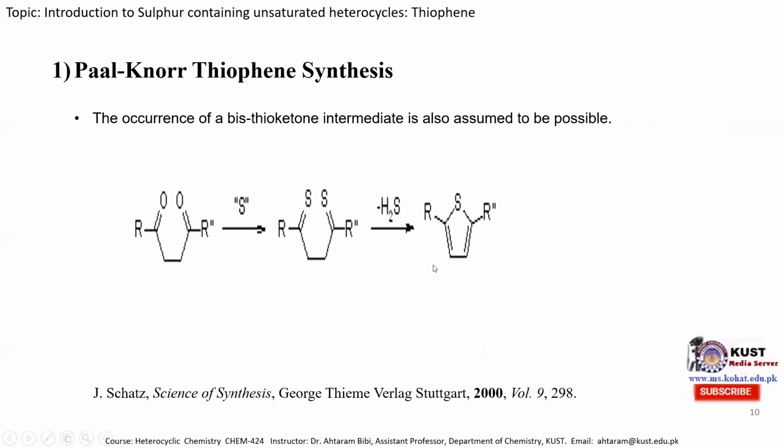This mechanism was reported in Science of Synthesis in 2000. Both mechanisms are acceptable and have been published in different journals: either the bis-thioketone is formed, or only one of the carbonyl oxygens is replaced by a sulfur atom to produce the thiophene molecule.